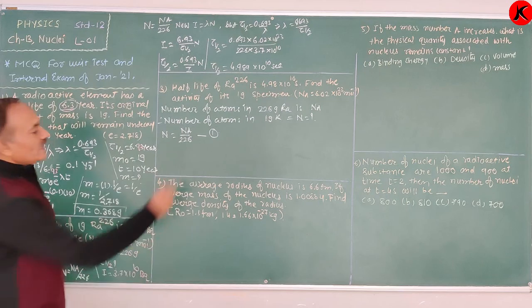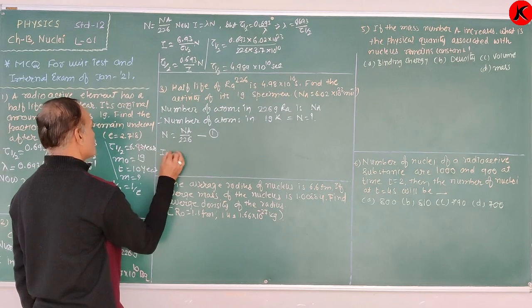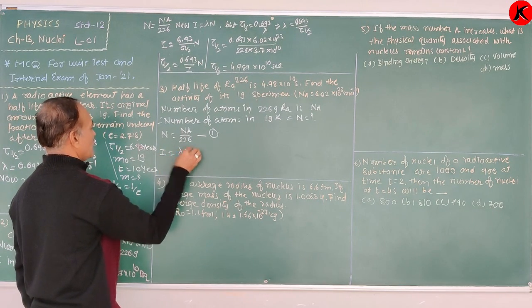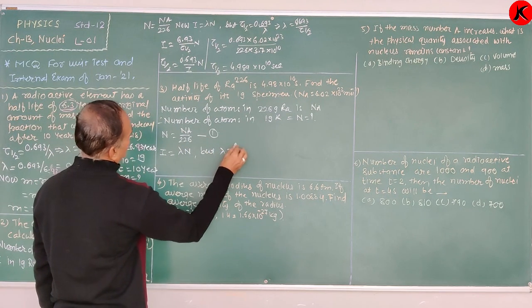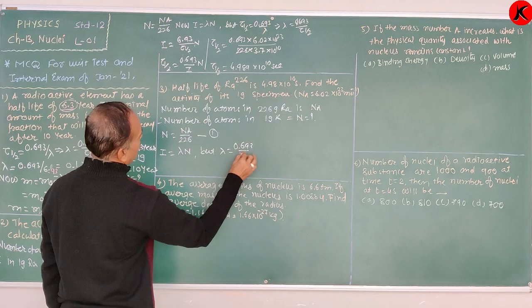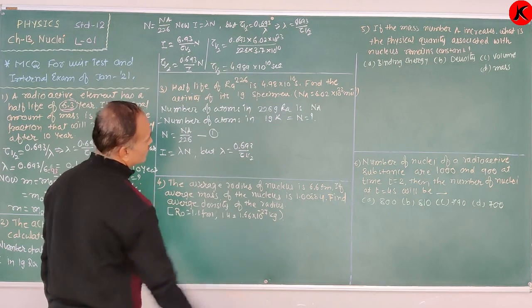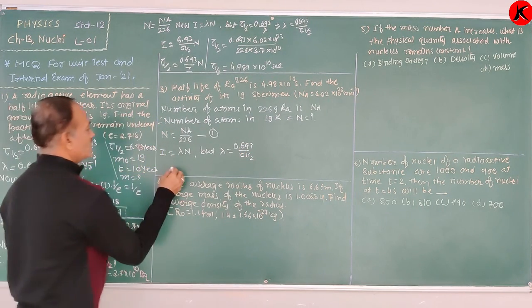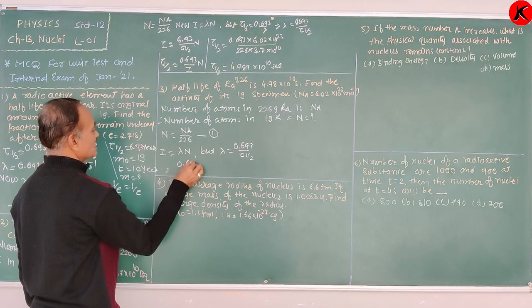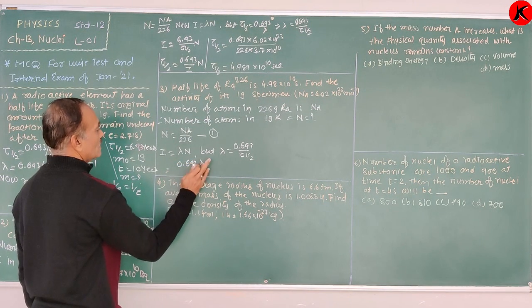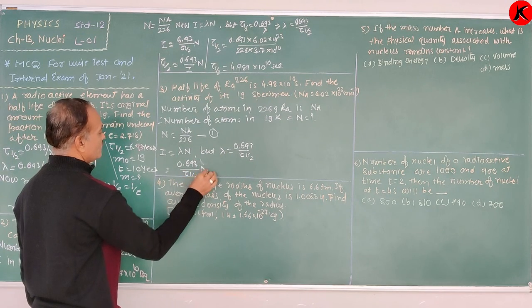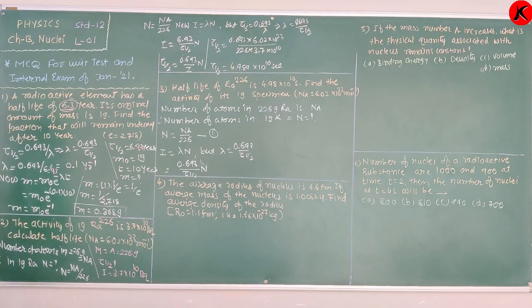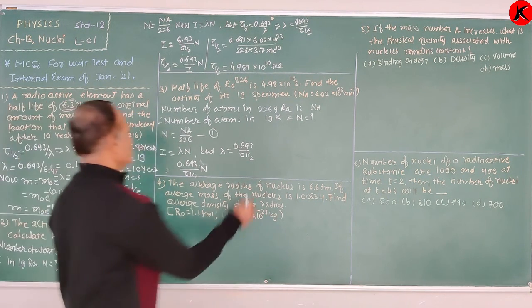We require the activity I is equal to lambda N. But lambda is not given. Lambda is equal to 0.693 upon tau half. Substitute here: I is equal to 0.693 upon tau half into N, that is 0.693 into N upon tau half. Substitute the value.